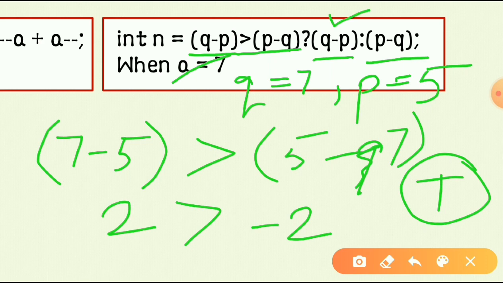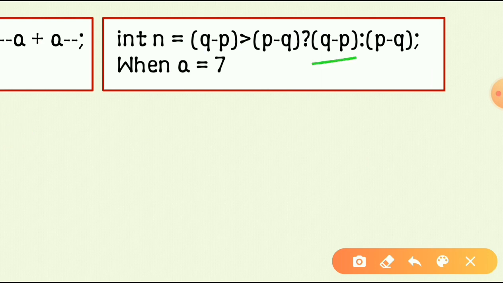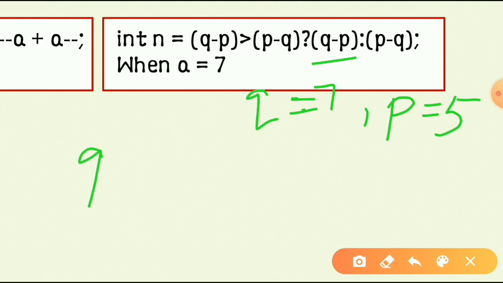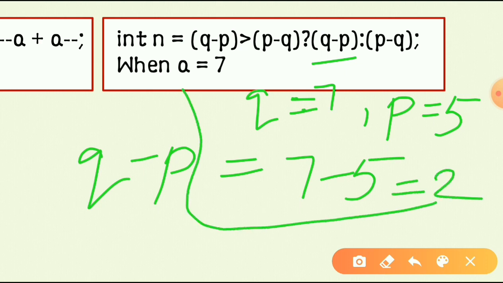For q minus p, we have taken q equals 7 and p equals 5, so 7 minus 5 is 2, and this 2 will be given to your n. So for this expression, your n will become 2.